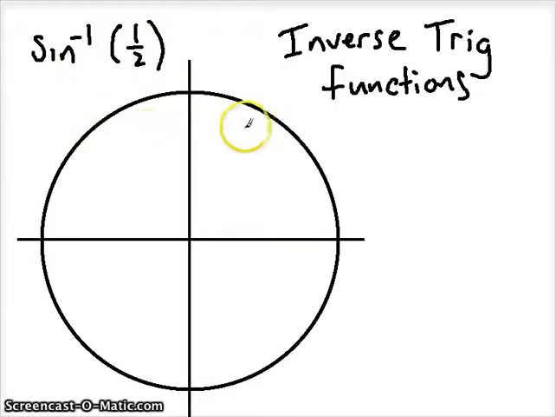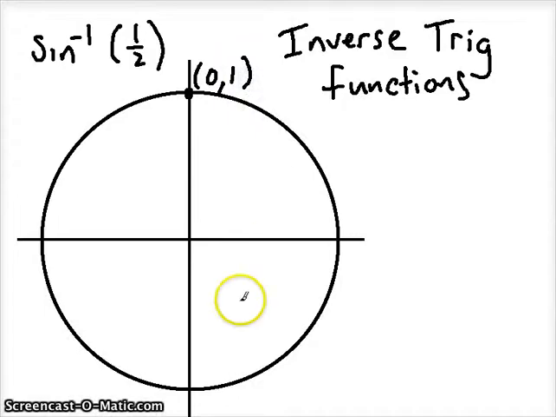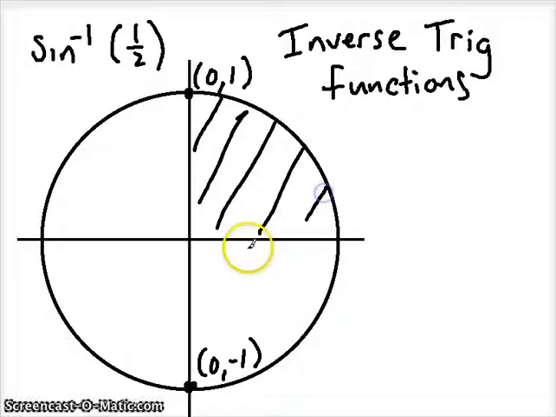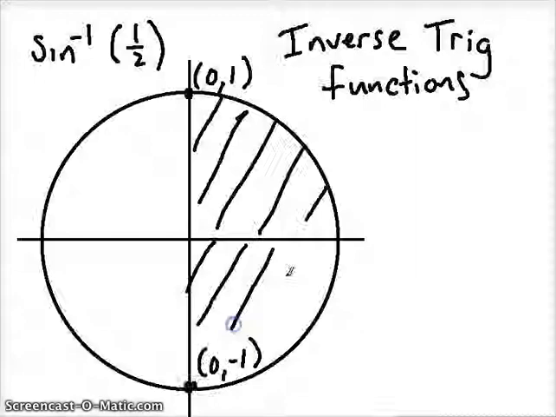So let's look at the inverse sine function. We know that the coordinate right here on our unit circle is 0, 1. And the coordinate down here is 0, -1. Well, everything on the right side, the right hemisphere of this circle, are all possible values for an inverse sine function.